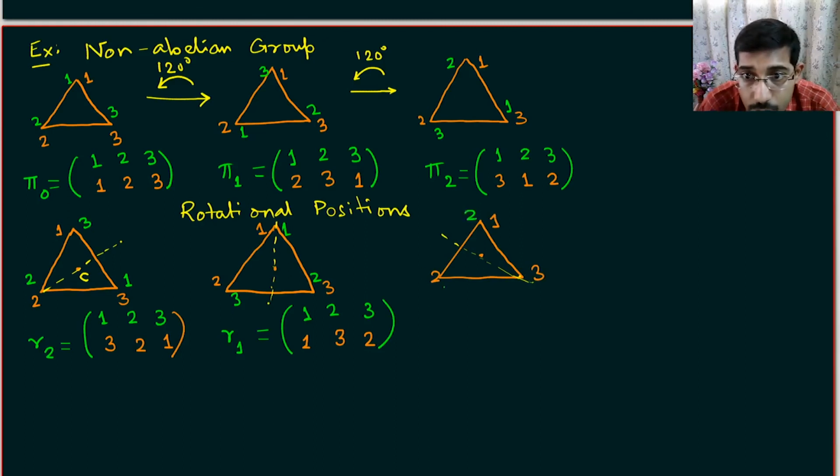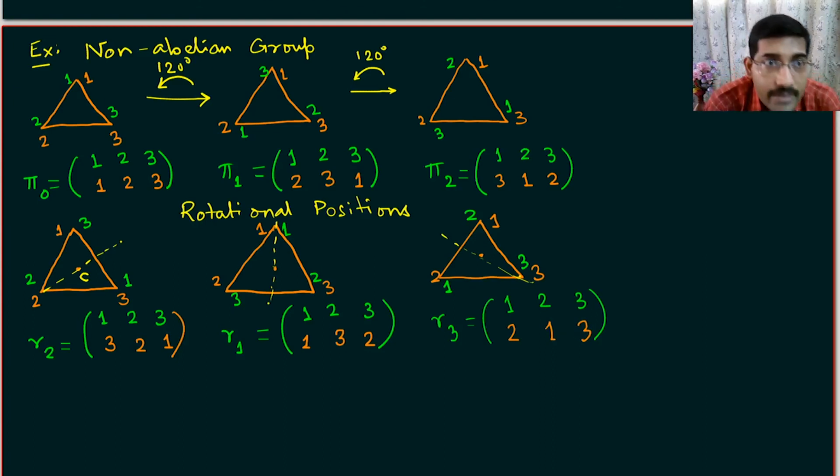So 2 comes here, 1 comes here and 3 remains fixed. So I get R3 with positions 1, 2 and 3, where 1 has been shifted to 2, 2 has been shifted to 1, 3 remains the same.